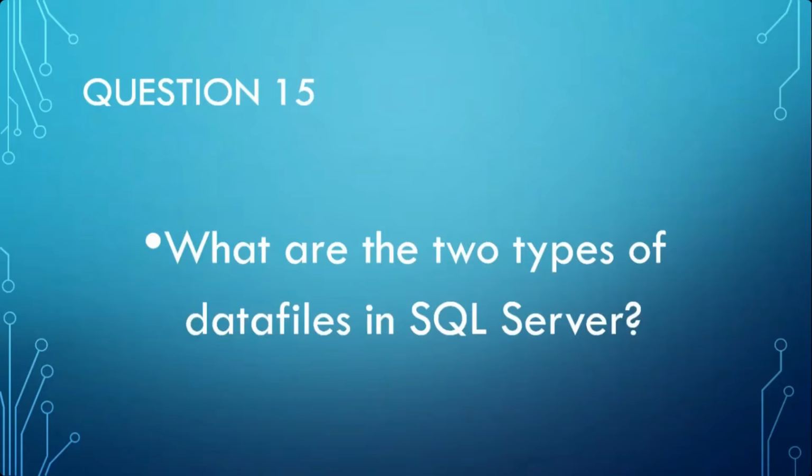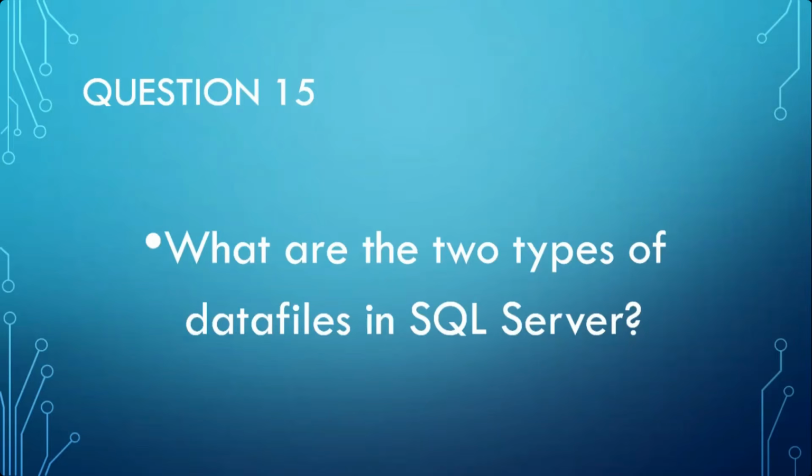What does primary data file contain? It contains metadata and it also contains data by default, unless you specify a secondary file group where you push the data. Otherwise, primary file group will contain both metadata and data. Good practice is you push the user data to the secondary file group and make the primary file group only for metadata availability.